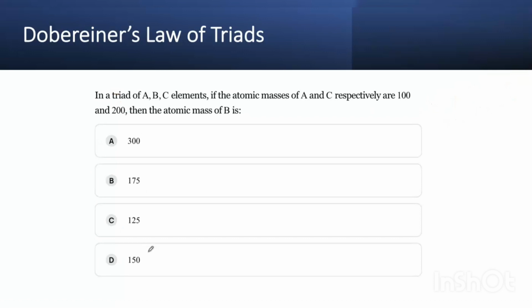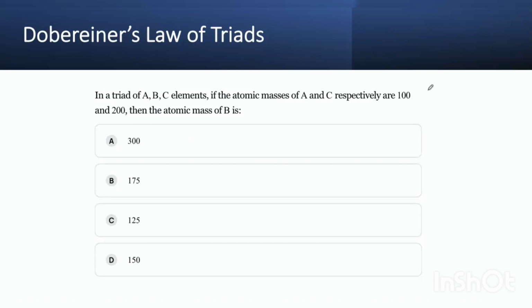Now coming towards the last question. In a triad of A, B, C elements, if the atomic masses of A and C respectively are 100 and 200, then the atomic mass of B is. So here they have given A, B and C are elements that are forming a triad. So here the atomic mass of the middle element, that is B, will be the average of atomic mass of A and C. So here the atomic mass of A and C are given as 100 and 200 respectively.